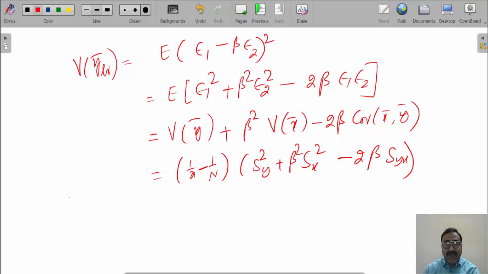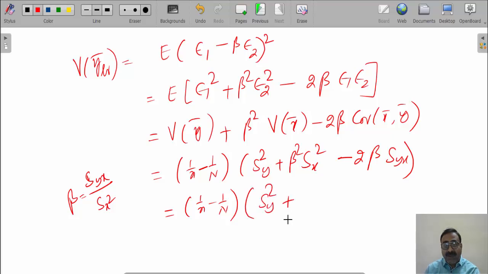Now but beta is the population regression coefficient of y and x, so beta equal to syx by sx square. So using this, it will be 1 by small n minus 1 by capital N, this will be sy square plus beta square sx square, this will be syx square by sx to the power 4 into sx square, minus 2 beta, this will be syx by sx square into syx.